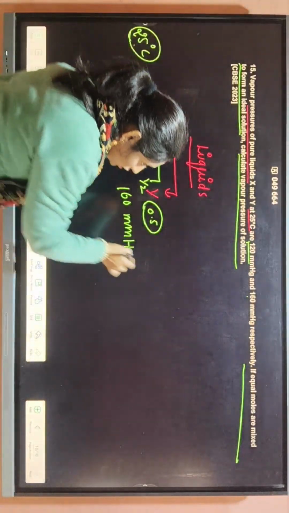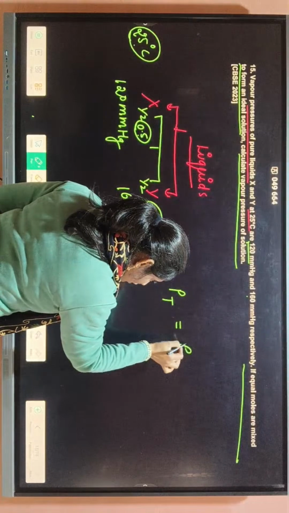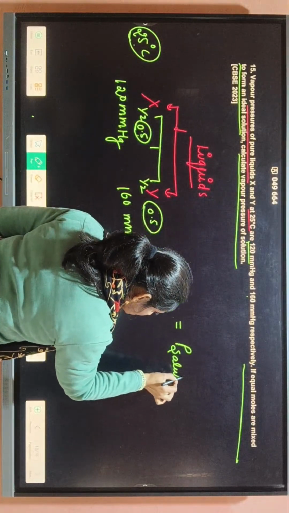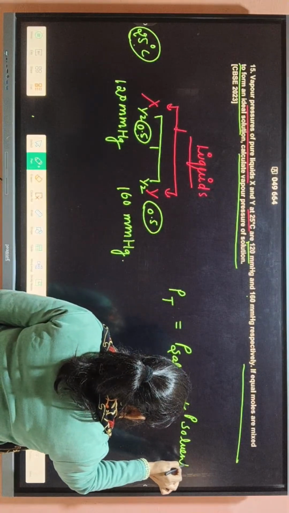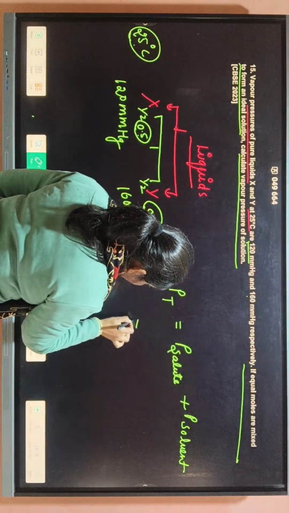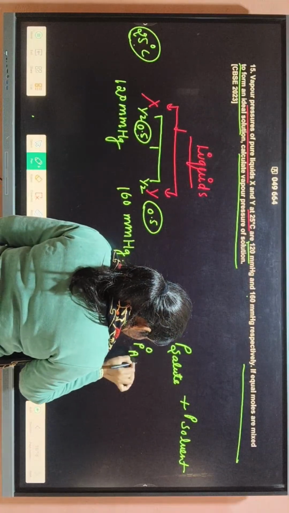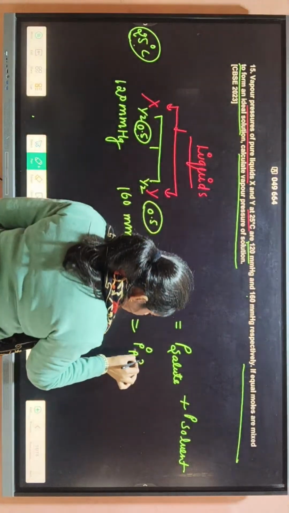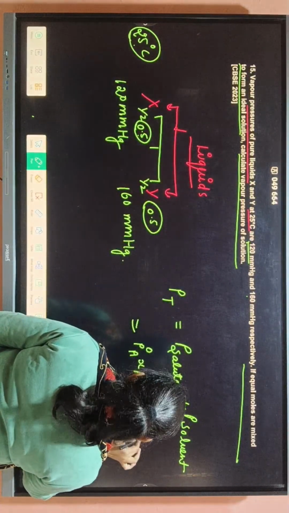So you will calculate the total pressure of the solution. P total is equal to vapor pressure of one component plus vapor pressure of the other, each being vapor pressure in pure state into its mole fraction.